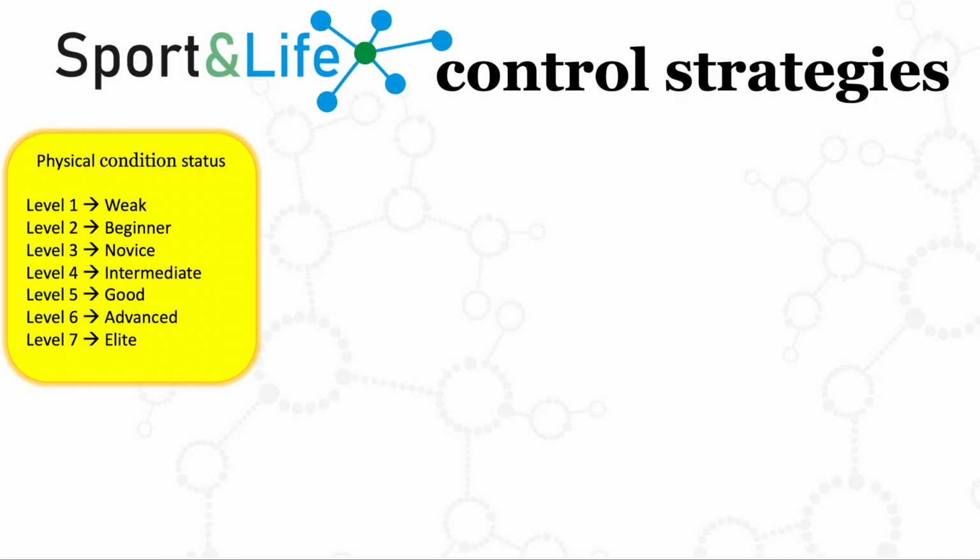For the physical condition status service, the user must have the measures of steps, fat value, BMI, blood oxygenation, and heart rate updated in the cloud with the respective dates within 24 hours. Analyzing some thresholds, a score is evaluated and one level of 7 is given to the user by a message in Telegram.